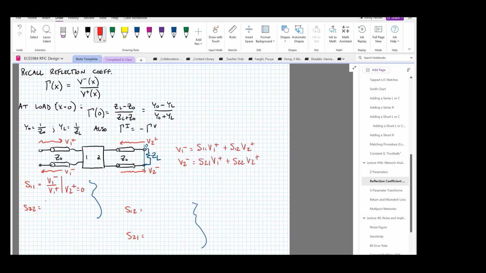And S22 is equal to V2 minus over V2 plus when V1 plus is equal to 0. Now, if I look at that, that looks an awful lot like a reflection coefficient, right? I have a ratio of a reflected signal over an incident signal. And indeed, these do relate to the reflection coefficient, or ultimately to the impedance.